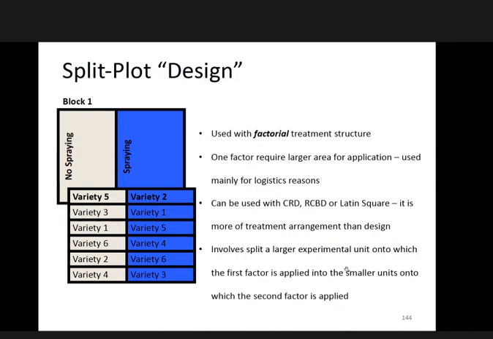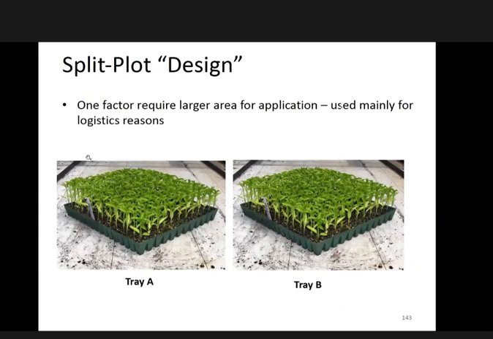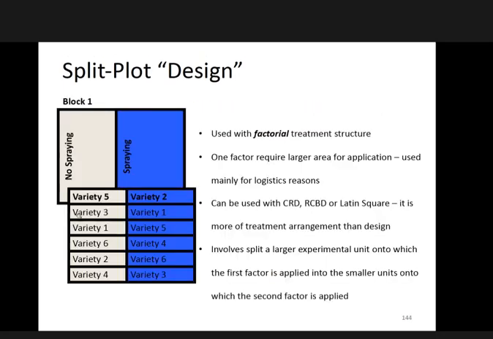So here it involves splitting a larger experimental unit onto which the first factor is applied into smaller ones. For example, we can have our block here, split it into two. We have no spraying versus spraying. This could be spraying and this could be no spraying. And then we can plant the different varieties as the subplot within the bigger plot.